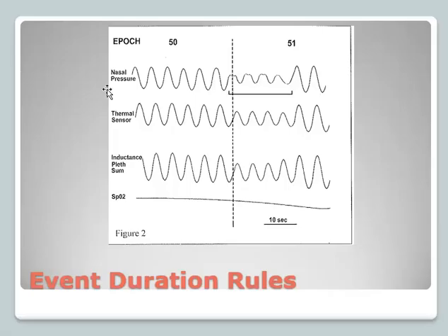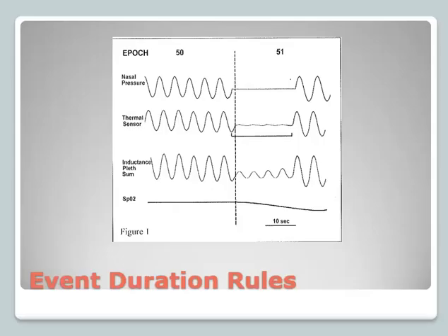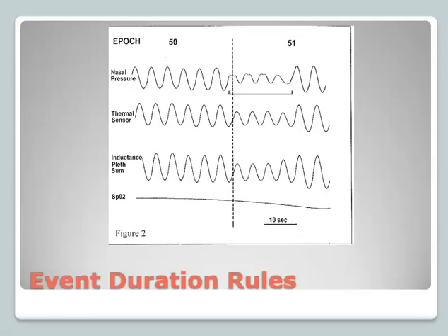I don't really like these brackets, but you would start it right here, because that's the first breath that's clearly affected as part of this respiratory event, and you would end it right here, the lowest part, or nadir, of the first breath that's back to baseline breathing amplitude. That's for a hypopnea. This is an apnea. So notice the apnea is going off the thermal, and the hypopnea is going off the pressure transducer.